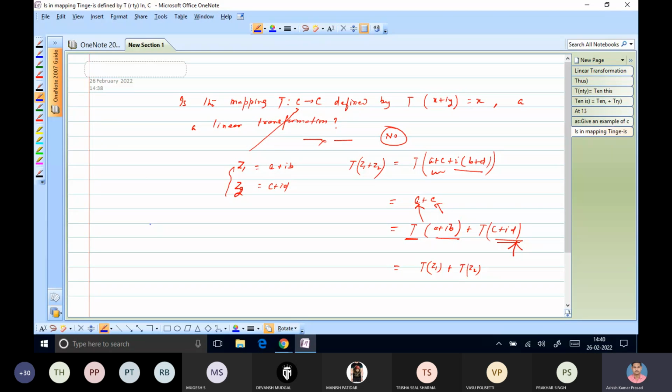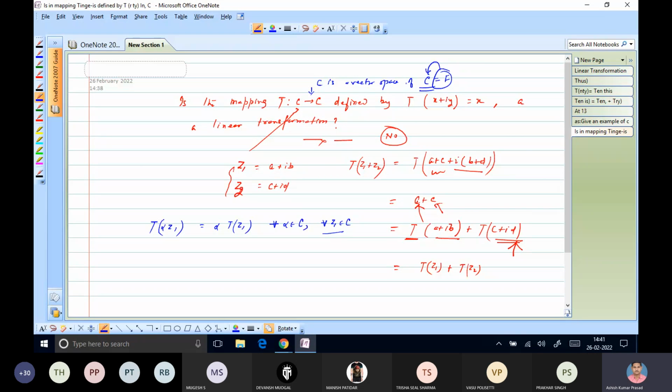So suppose I have to show that T of alpha Z1 should be equal to alpha times T Z1, for all alpha belongs to the field, the field is my C, and for all Z1 belongs to C. See here, C is a vector space over C. So the field is this one.